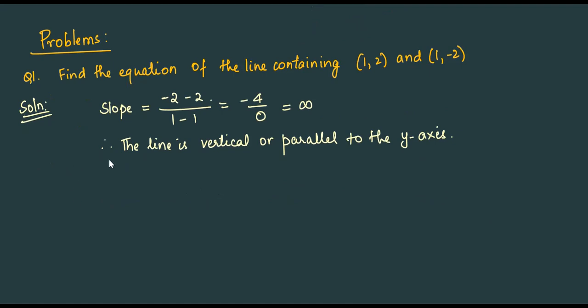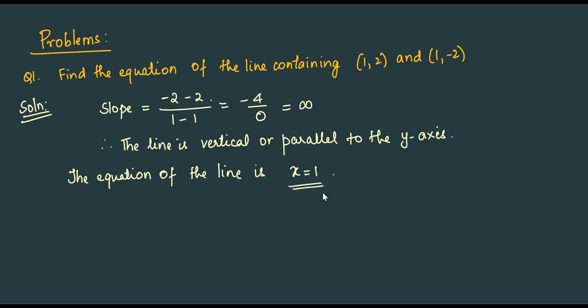Therefore, the equation of a line parallel to the y-axis and passing through (1, 2) will be x equal to constant, x - 1 equal to 0, or x equal to 1.